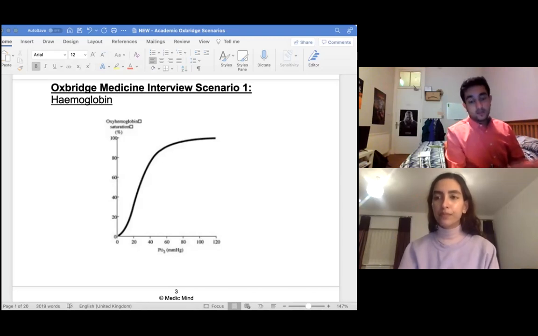But it also means that at really high partial pressures of oxygen, even small decreases aren't going to make a huge difference. That's why we have a flat upper portion. So it takes a significant lack of oxygen to start changing the body's ability to take up oxygen and use it.